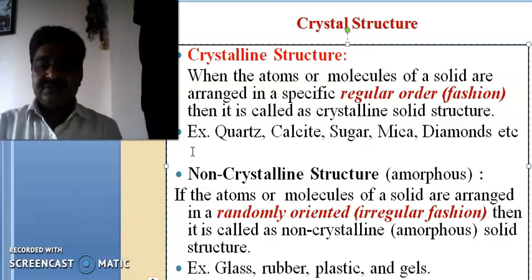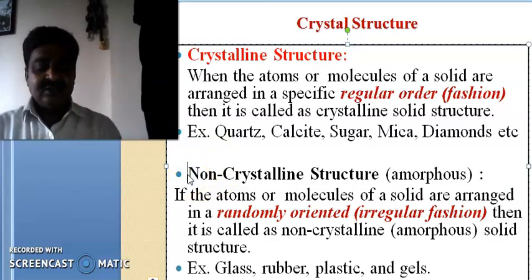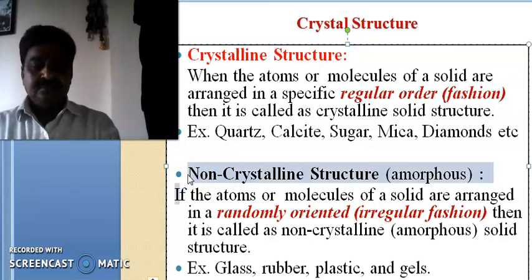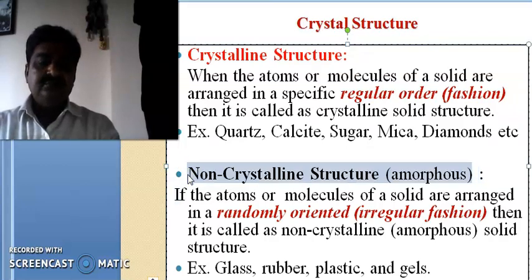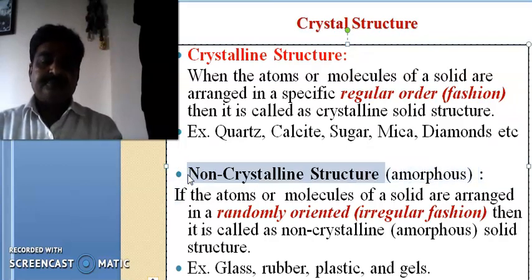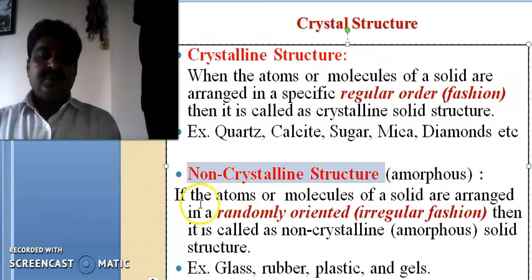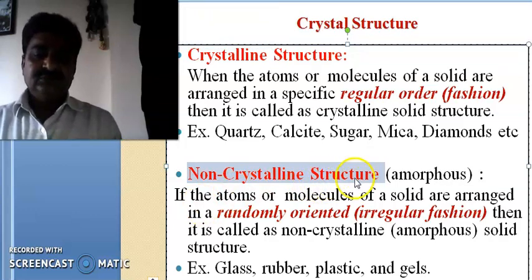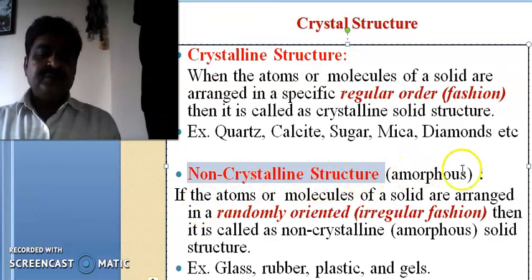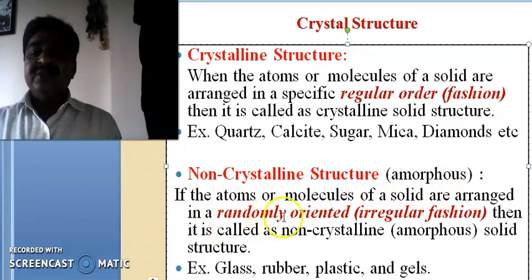Now let's turn toward the second category, that is non-crystalline structure, also called amorphous. In amorphous solids, the atoms or molecules are arranged in a randomly oriented or irregular fashion.